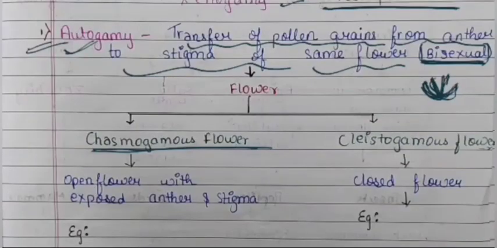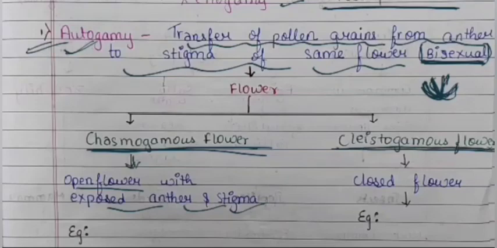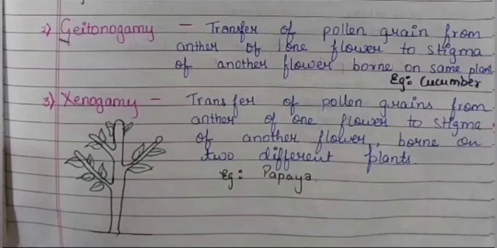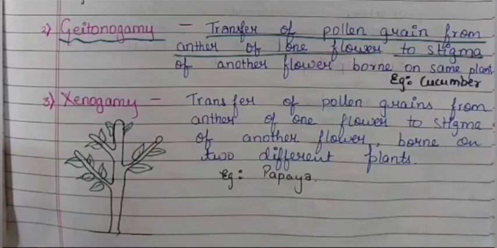Now, if we talk about flowers, there are two types, chasmogamous and cleistogamous flowers. Chasmogamous are open flowers with exposed anther and stigma, whereas cleistogamous are closed flowers. Coming to geitonogamy, transfer of pollen grain from the anther of one flower to the stigma of another flower of the same plant is known as geitonogamy.